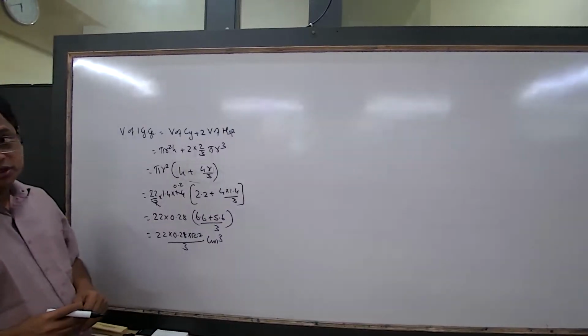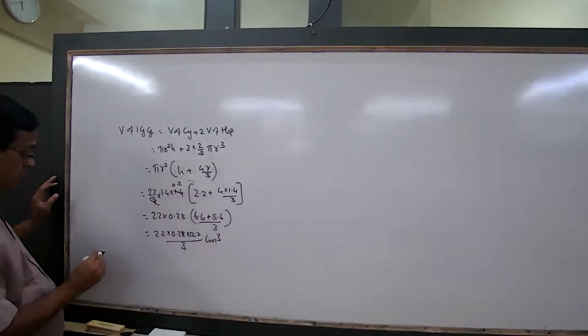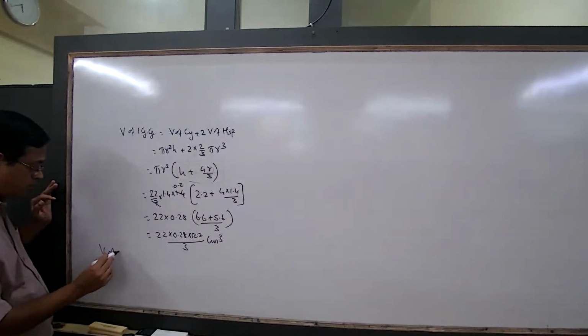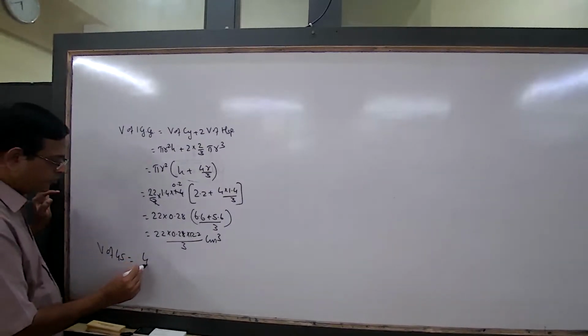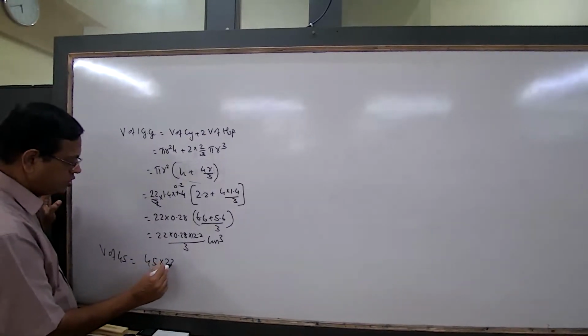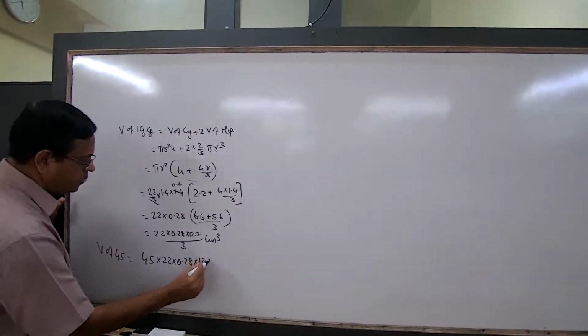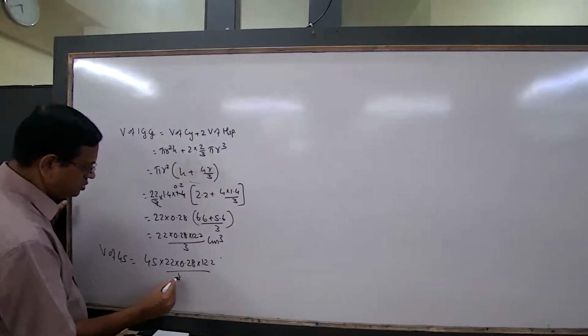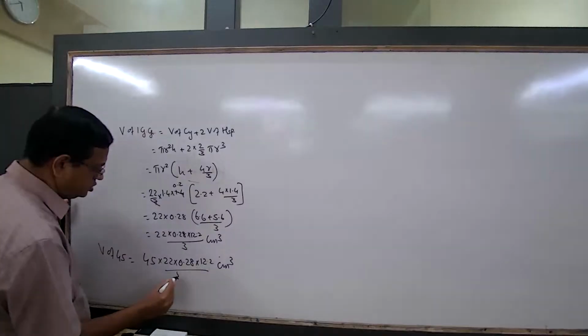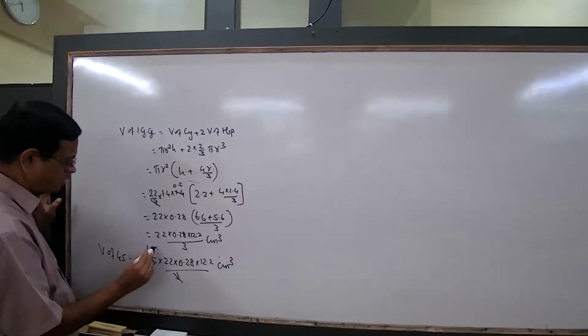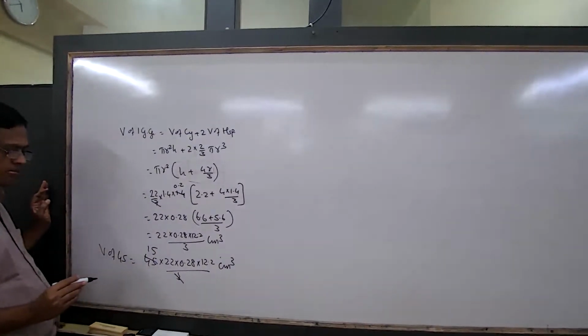Now, how many gulab jamuns are there? Therefore, volume of 45 is equal to 45 into 22 into 0.28 into 12.2 by 3 centimeter cube. This 3 and 45 cancel, 15. Leave as it is.